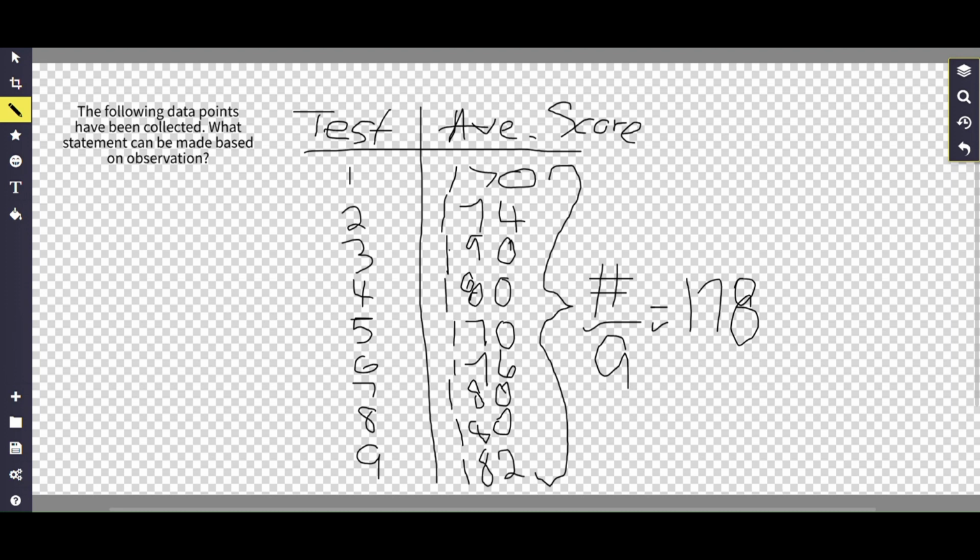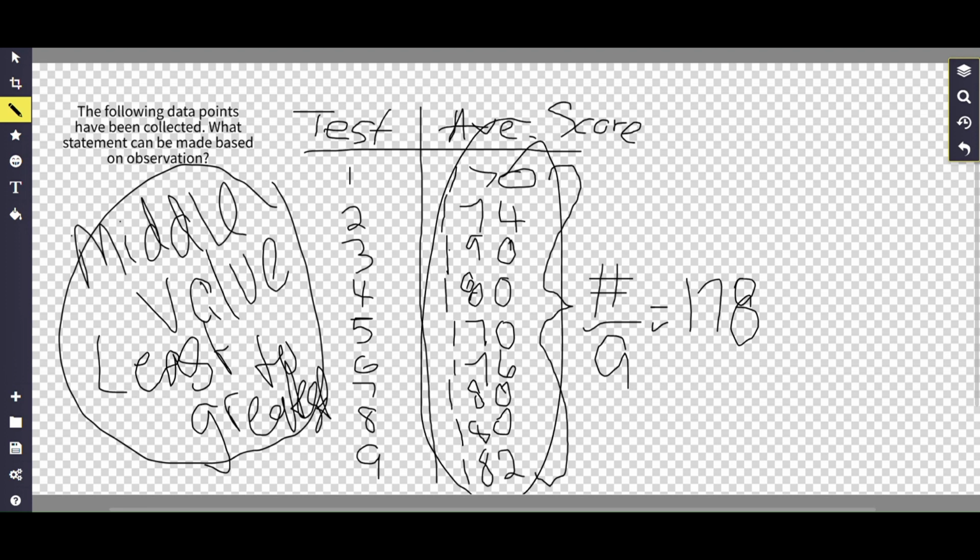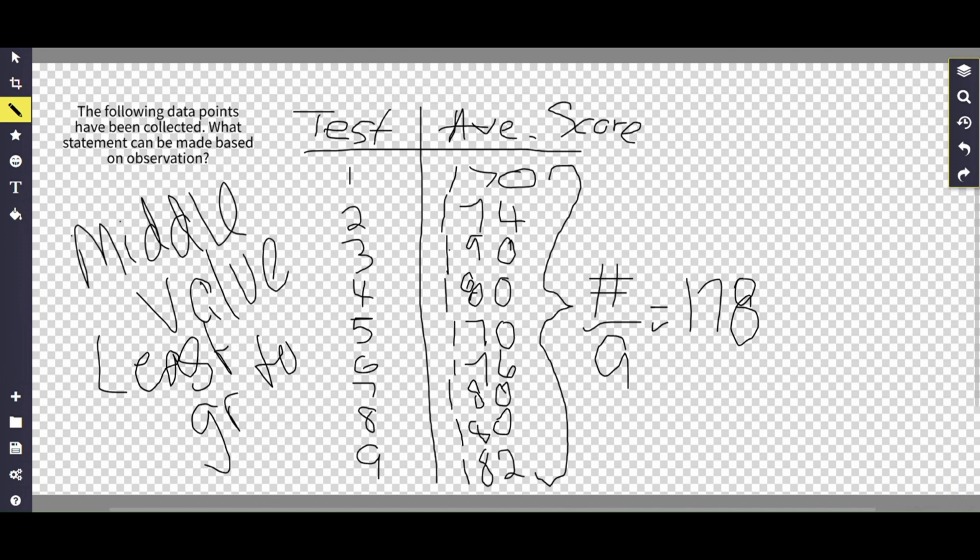Keeping that in mind, we can now move on to the median. The median is what we call the middle value, guys. Once you go numerically from least to greatest, what is that middle value? For those of you math whizzes, if you have an odd number of tests, it's that middle number. In our case, the number 5 is what we're most interested in once it's all laid out numerically.